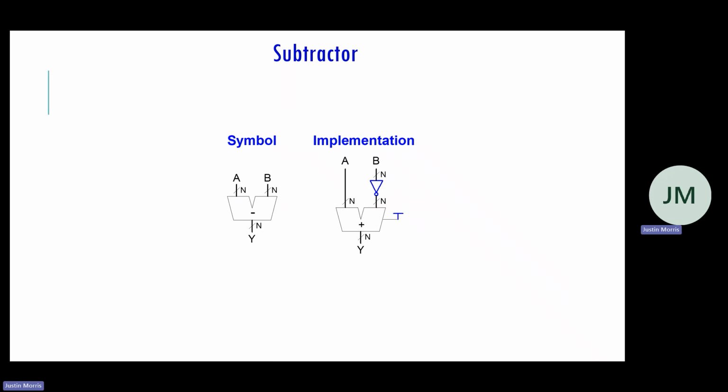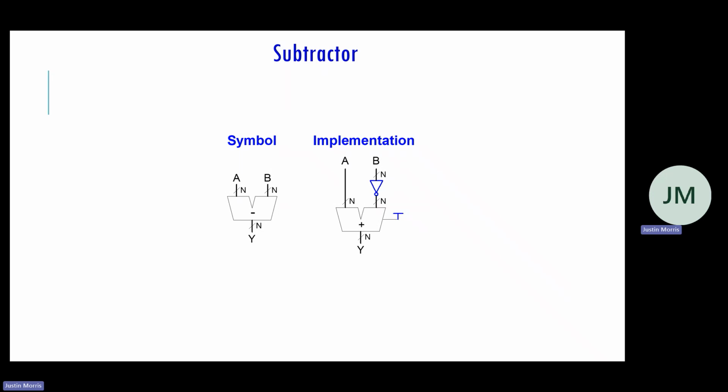All right, so we just need to finish up the slides from Monday, and then we can get into the slides where we're talking about the lab. So we ended with how we can implement subtraction with the same adder hardware, right?